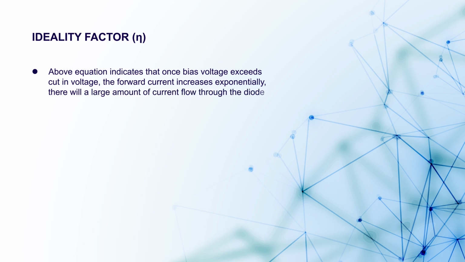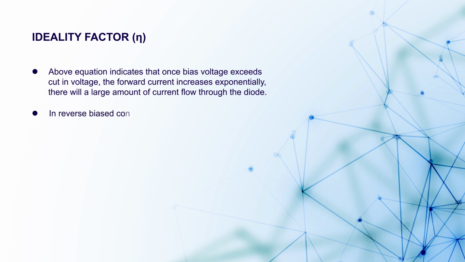There will be a large amount of current flowing through the diode. Once the barrier potential is overcome by the application of forward bias, the current starts to rise exponentially, and that is why the exponential characteristic is shown in the VI characteristics of the diode in the first quadrant.